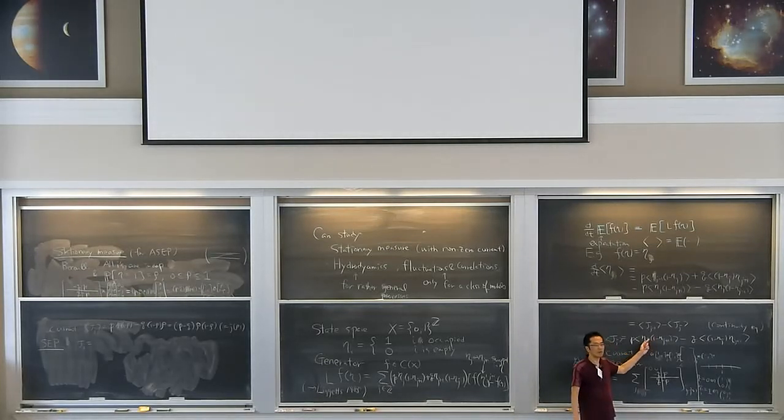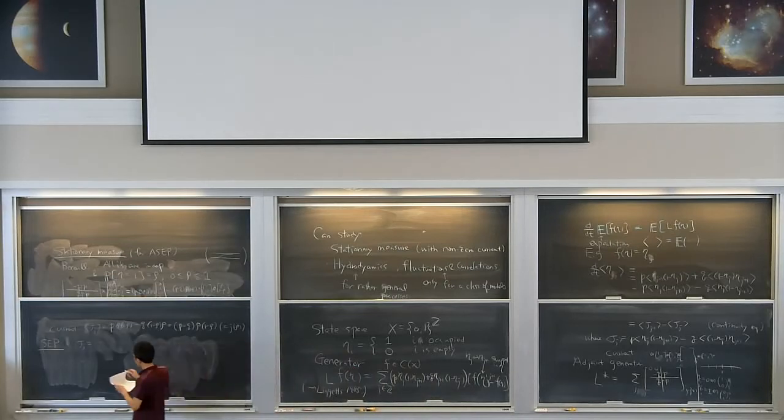Of course, in this expression of the current, the non-trivial part is the nonlinear term, which depends on eta j squared, right? But when p is equal to q, they cancel. So this is simply given by a difference of eta j and eta j plus 1.